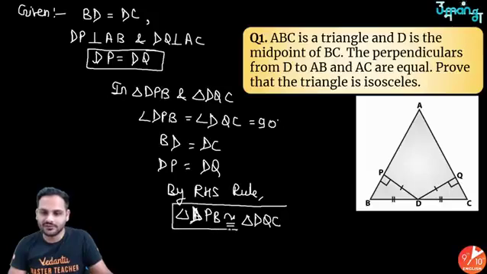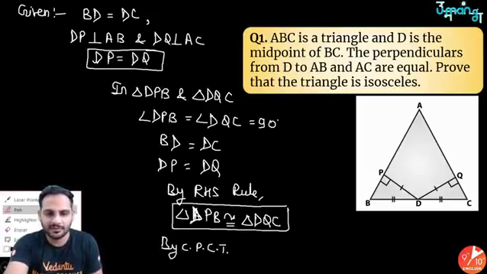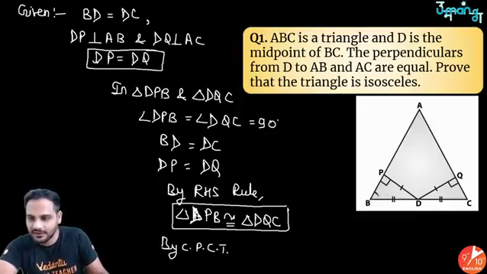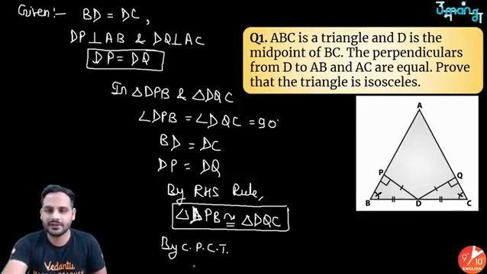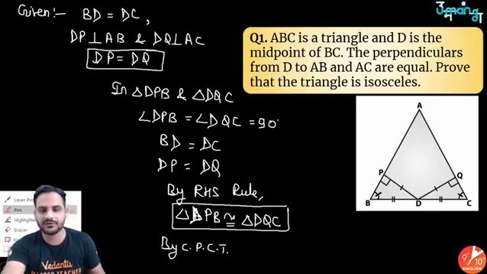Now if these two triangles are congruent, by CPCT you can see very well that angle B will be equal to angle C, because of CPCT, corresponding parts of congruent triangles.